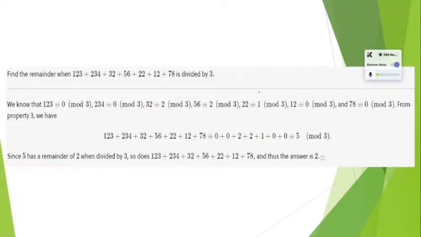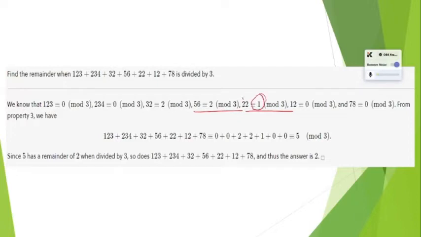Okay. Now, let's proceed. Ito, okay na to. So, 1 divided by 3 is 0 with a remainder of 1, so kaya nilagay niya dito 1.